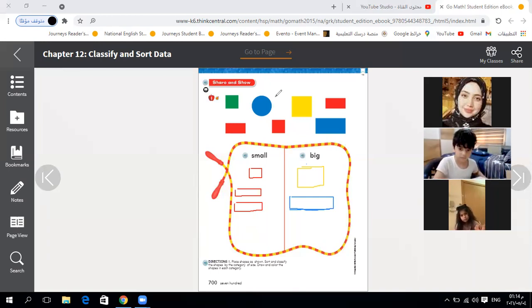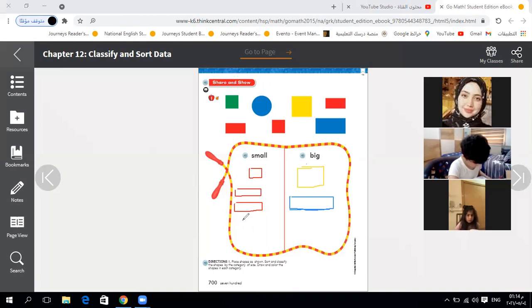Okay, we have another square, right, Hala? We have a green square. What about the green square? Is it small or big? Small. If you compare it to the yellow square, we will know it is so small.